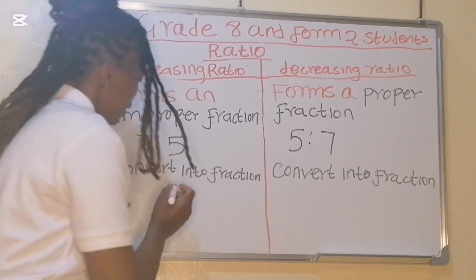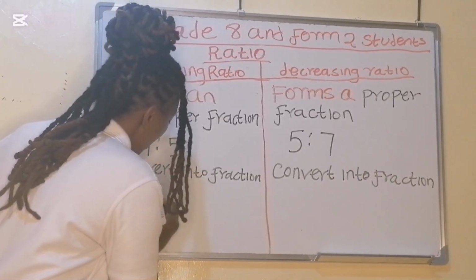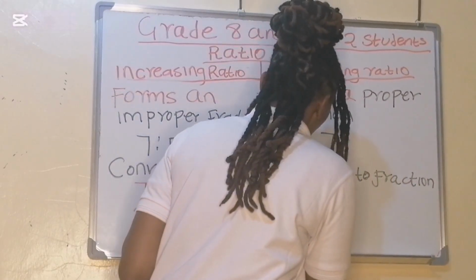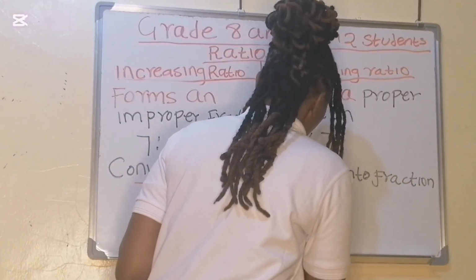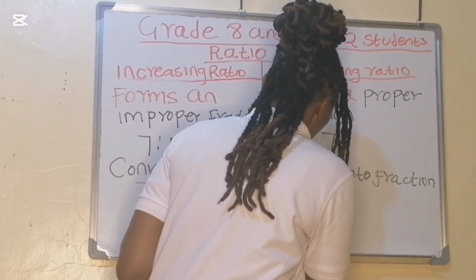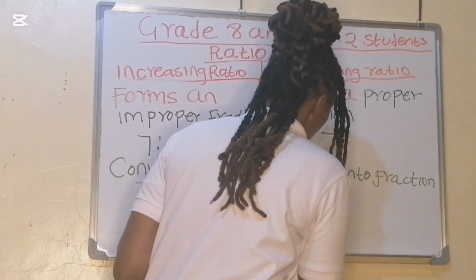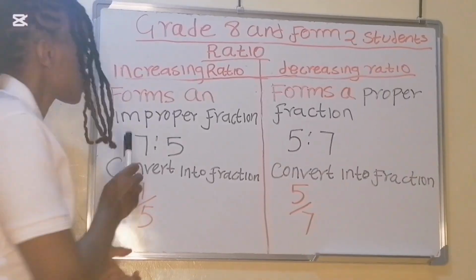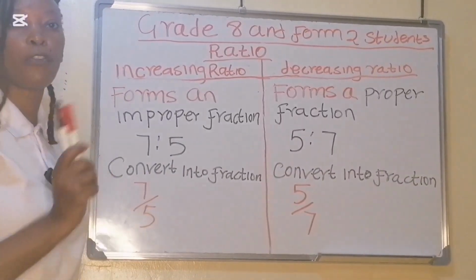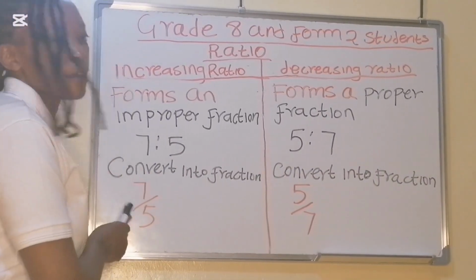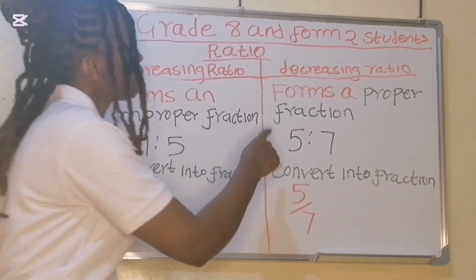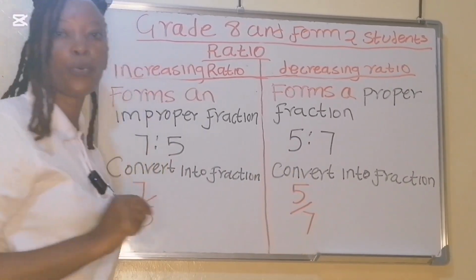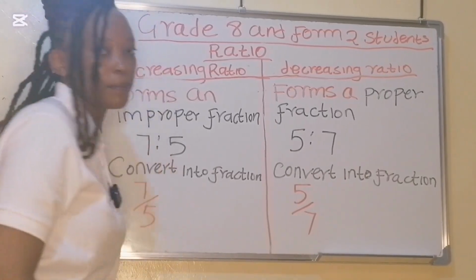When you convert 7:5 into a fraction, it is 7/5. When you convert 5:7, it is 5/7.